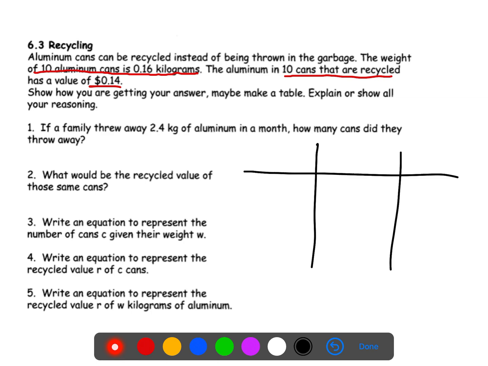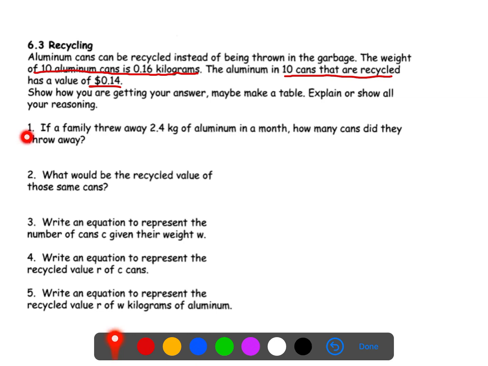But I think it's going to be a little more confusing if we do that, instead of just making smaller tables that are only comparing 2 quantities. So let's look at the first question and see what we need to compare. If a family threw away 2.4 kilograms, that's weight, in a month, how many cans did they throw away?